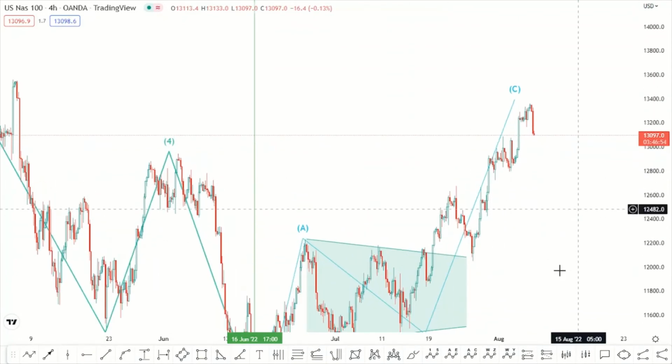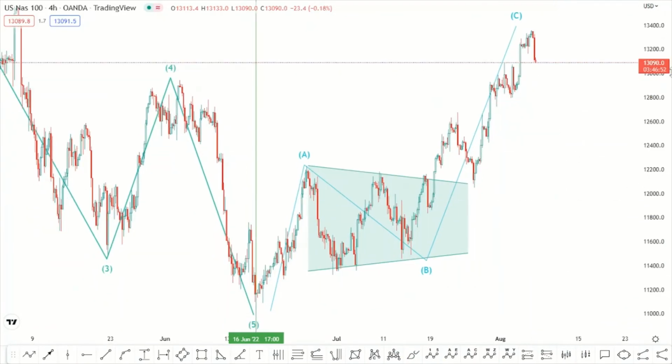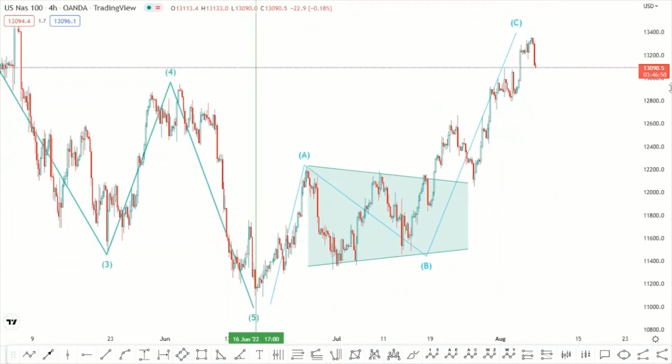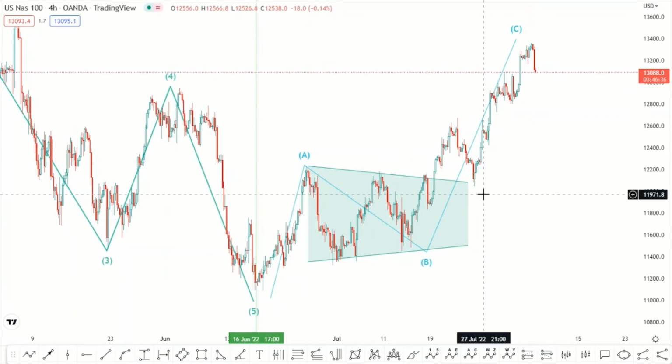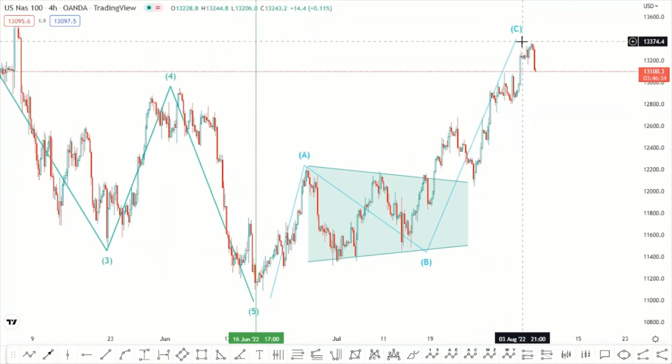But remember that what I've said is that each and every wave is made of mono waves. So let's try to find waves within this ABC structure that will signal the trend end over here. Because remember, you still need mono waves to actually find out that at this point we are likely to fall, right?